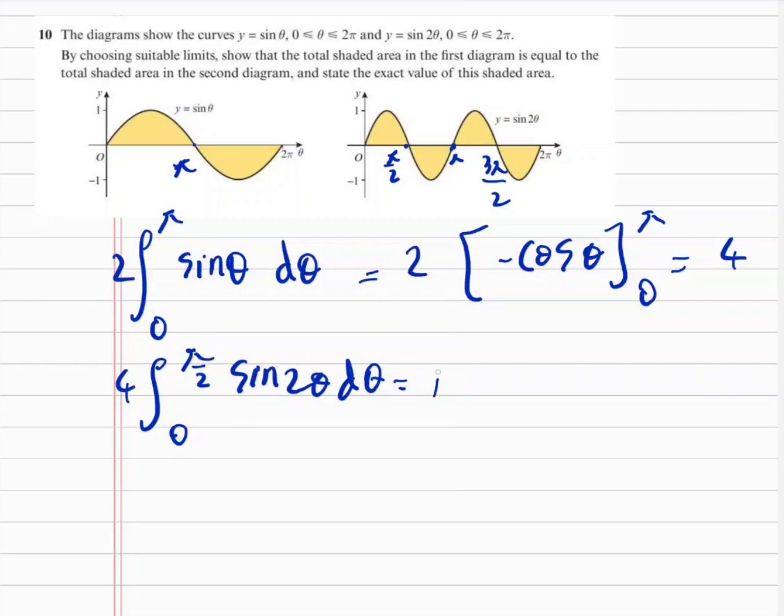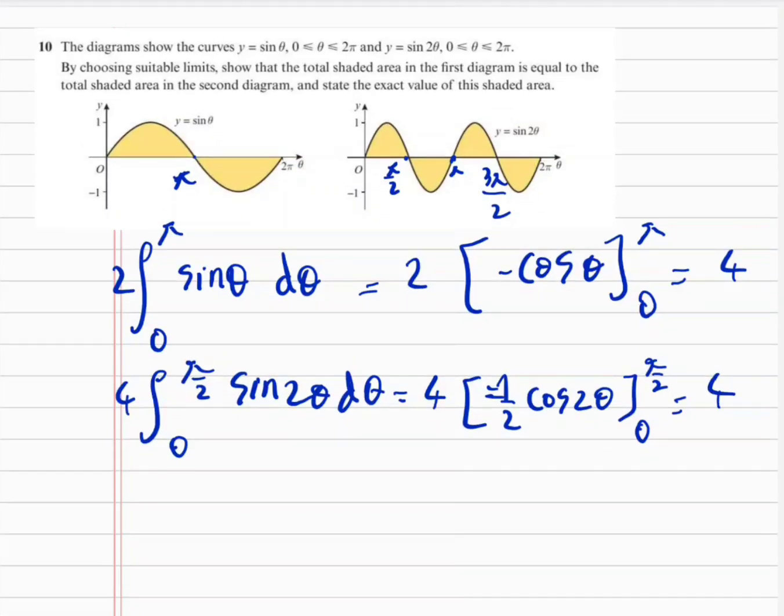We integrate this, and it becomes minus 1/2 cos 2θ. After substituting and calculating, we again get 4, which shows that the two areas are equal.